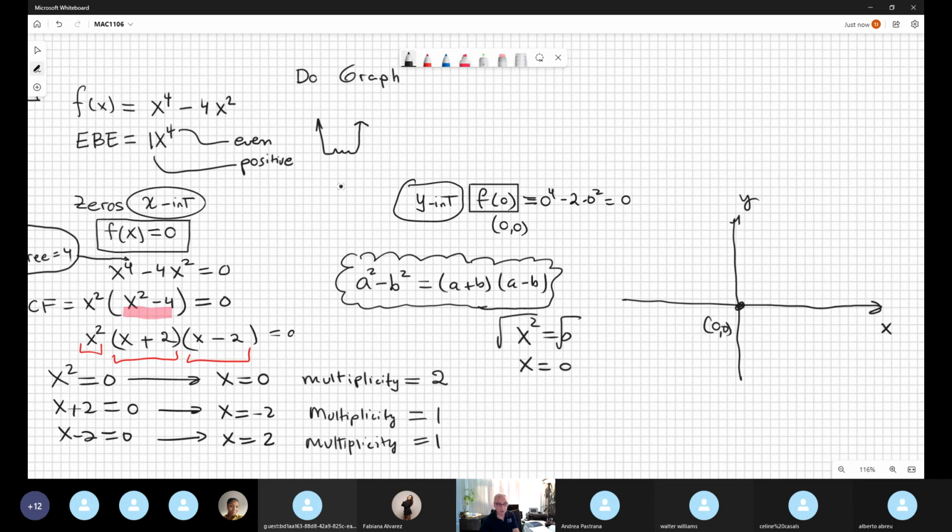But we have two more, negative 2 and positive 2. This point is (2,0), and this point is (-2,0). I know very well that the graph of that polynomial looks similar to this, because this is the end behavior expression, and you have 3 points, and that's it. So I believe, using my common sense, that it looks like that.